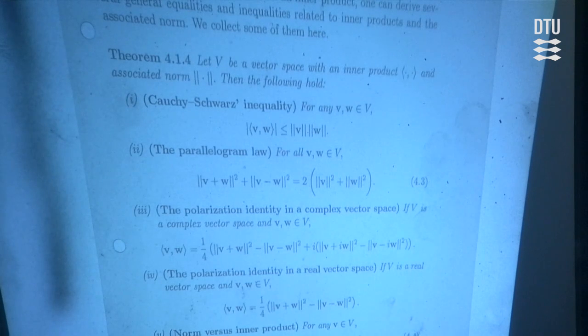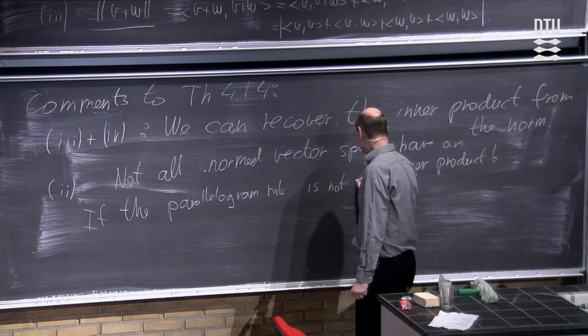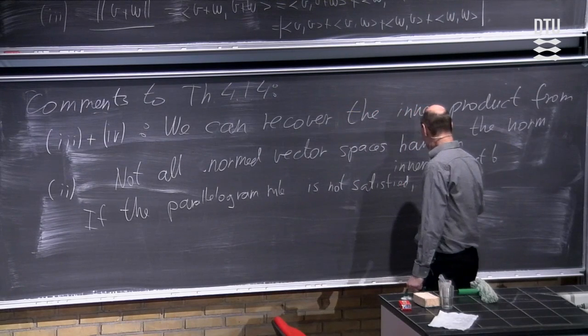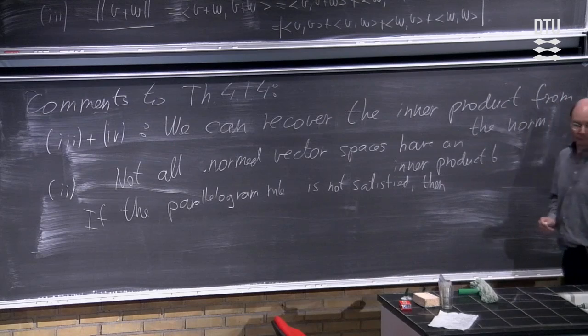So the role of this is that if the parallelogram rule is not satisfied, then actually the norm we are dealing with does not come from an inner product.